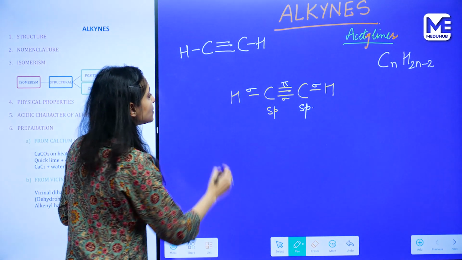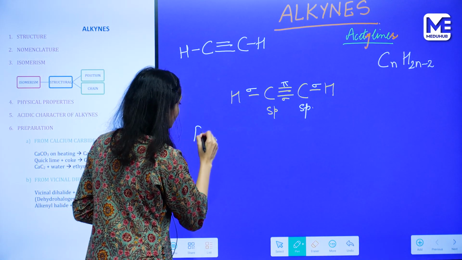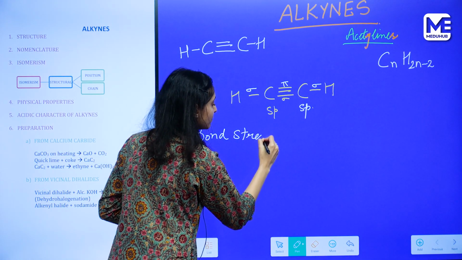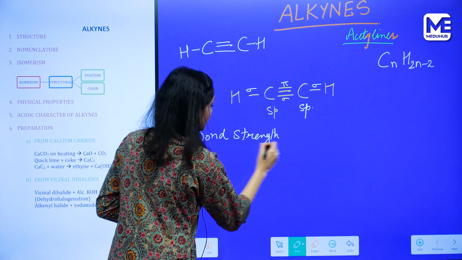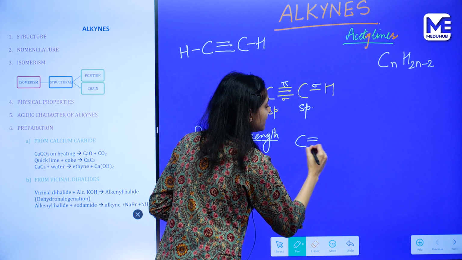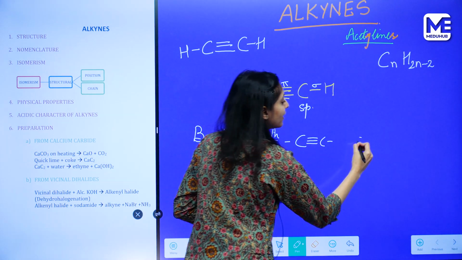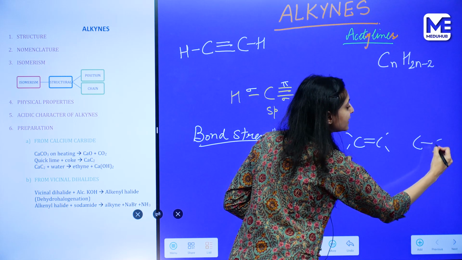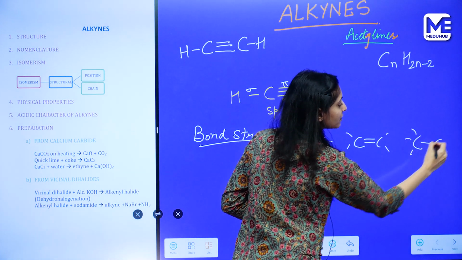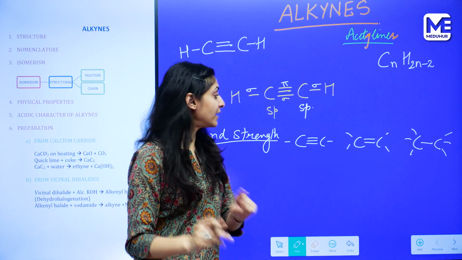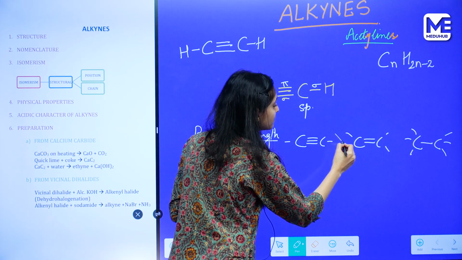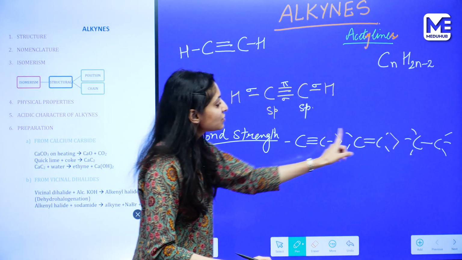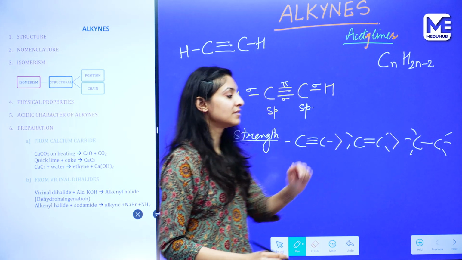So because of this, what do you see? If we talk about the bond strength, if we have a triply bonded carbon, a doubly bonded carbon, and a carbon singly bonded with another carbon, the bond strength would be maximum here and will reduce as you move from alkynes to alkenes to alkanes.